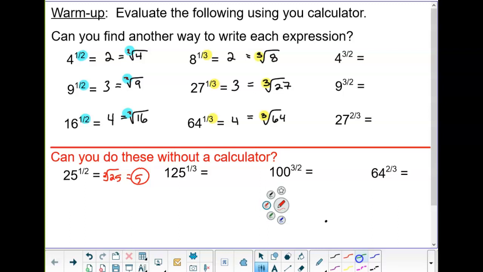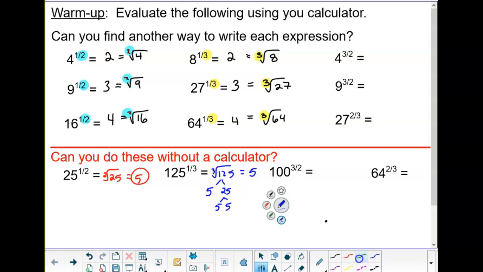Cube roots might be a little bit more of a challenge, but hopefully you can see, oh, I've got 125 to the 1/3 power. If I rewrite that as a cube root, you might be able to do this. Either you know the answer in your head, or if you really want to, with cube roots, you can play the divide by game, and notice I've got 5, 5, 5. I've got 5 times itself 3 times.